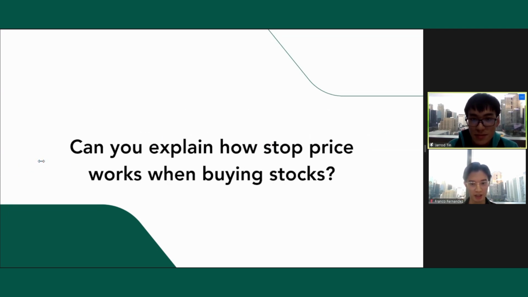Can you explain how stop price works when buying stocks? Jared, I think this one's for you. So when buying stocks, stop price is mostly for buy on breakout trades. If you go back to the Ali example, let's say you want to buy the breakout of 30 pesos, but the price is not yet at 30 pesos. Let's say it's at 29.5.